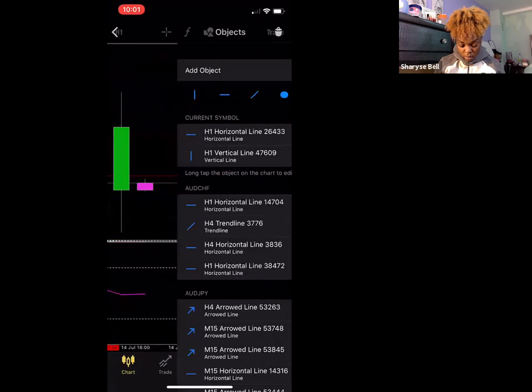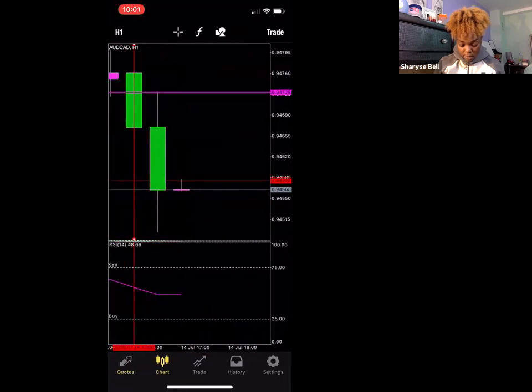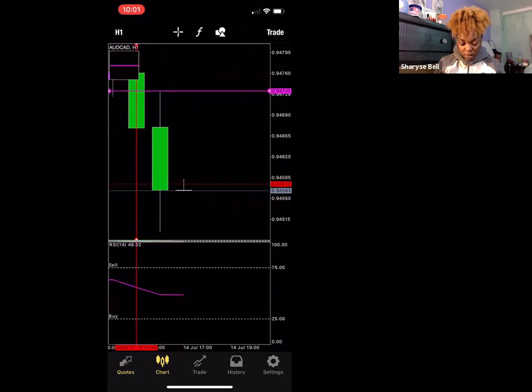I'm gonna do this so I can just show y'all real quick. I'm looking at this same 9 o'clock candle we were just on, all right? So this is gonna be the high of the candle. This is gonna be the high right here. This is going to be the open.